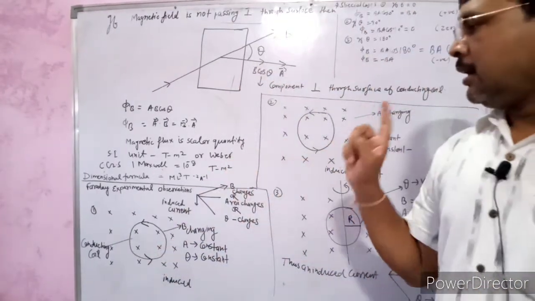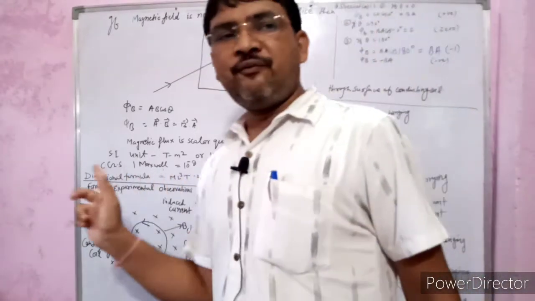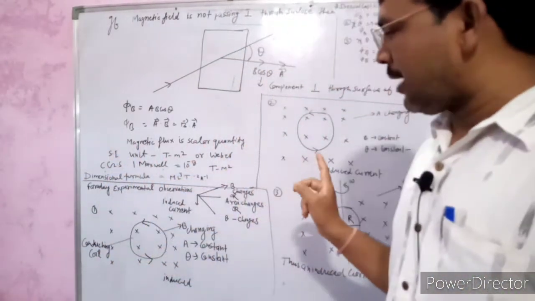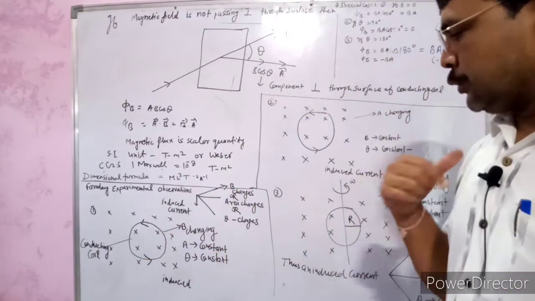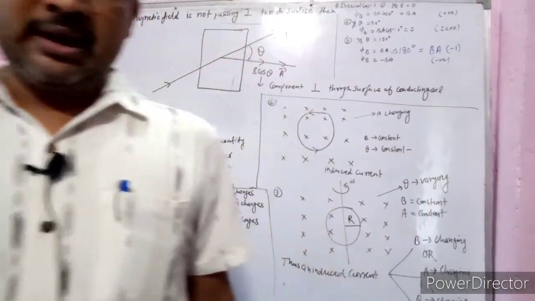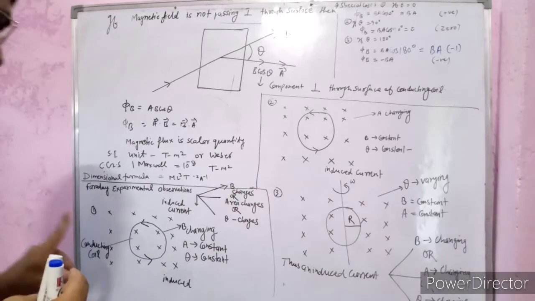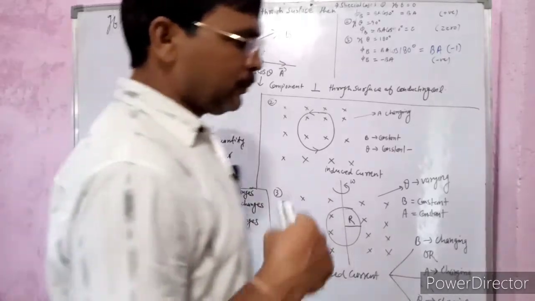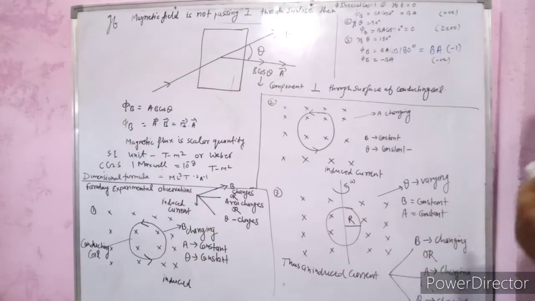If magnetic field B is varying, then the flux enclosed through the coil changes, and an induced EMF is produced. If the conducting coil is a closed loop, then an induced current is produced. This is the first way to induce the current.